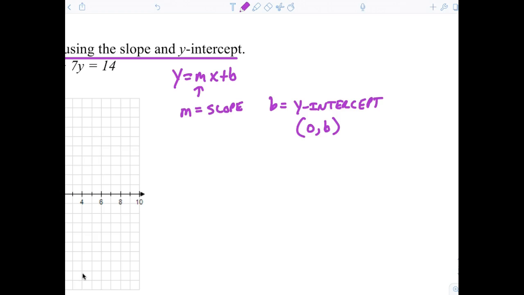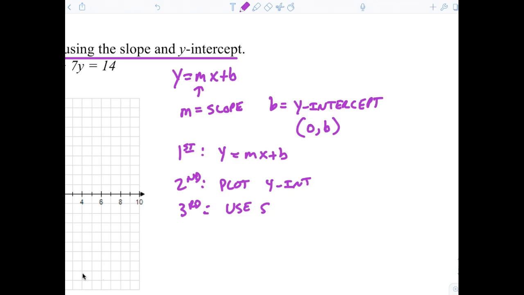So step number 1, the first thing you do is put it in the right format: y equals mx plus b. Step 2 is to plot the y-intercept. Step 3, you use the slope to find a second point.